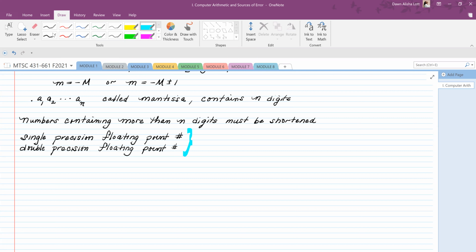And the difference is the length of the mantissa. So for some computers, single precision may be 8 digits, whereas double precision may be 16. Okay, so here's an example.